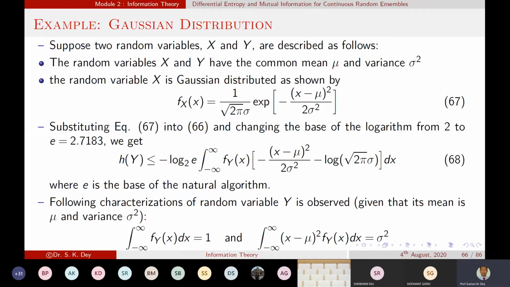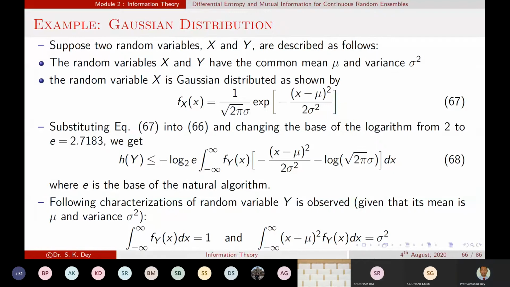Now if we take common of 2 from this term, and if you take common of minus, what will be there? The thing will be 1 plus, if we take 1 by 2 as common, minus 1 by 2 times 1 plus log of 2 pi sigma square.